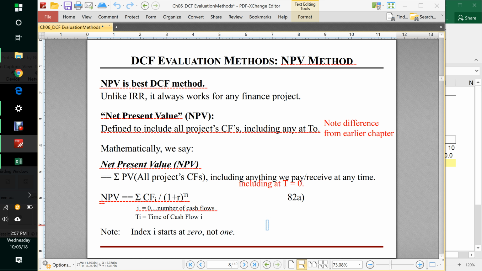Previously, we were saying i equals 1 to the number of cash flows to signify we were looking at only future cash flows. Now we are looking at every cash flow for a given project, including any cash flow in or out at t equals 0.